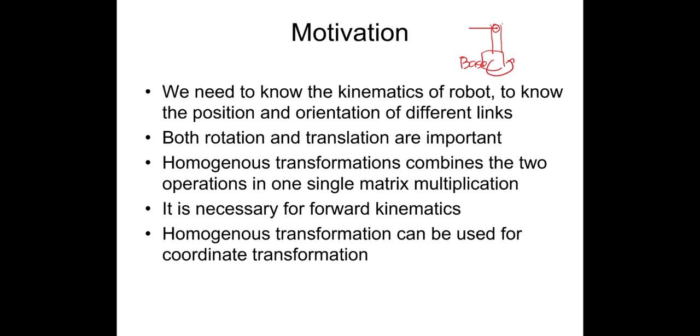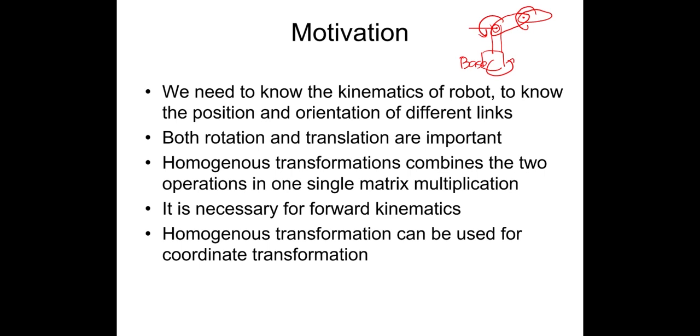Here we have a revolute joint, and we have another revolute joint, so the arm can rotate at each. The motivation of the transformation calculation is that we need to understand the motion from one coordinate frame to the next, and to the next.